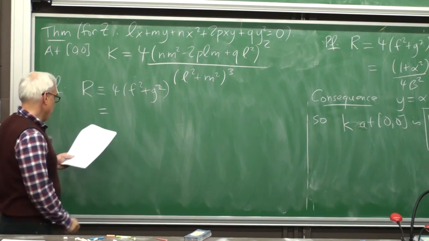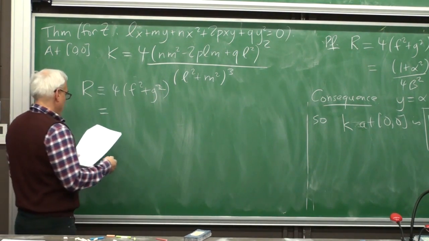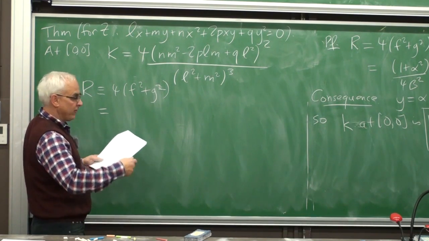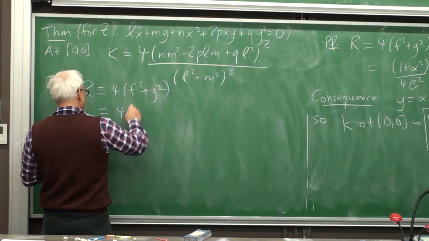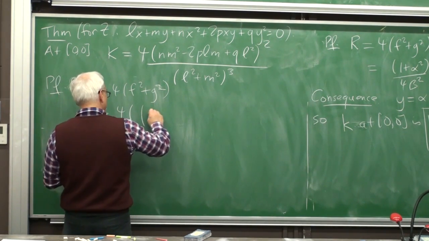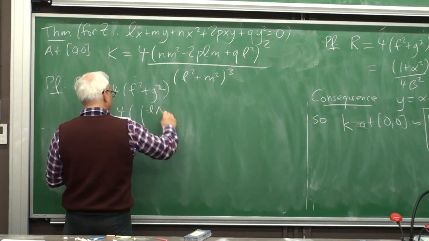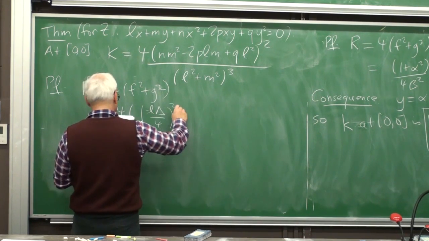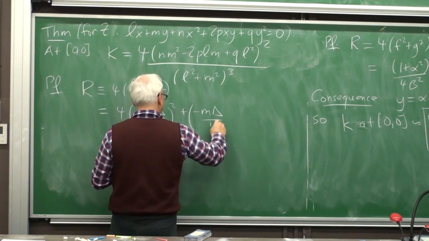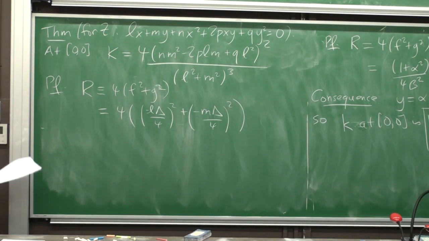And so in terms of L's, M's, N's, P's, and Q's, we can write that as, you may remember that this f, we could write it as minus L times delta over 4. So it's all of that squared plus, and then the other one was minus M times delta over 4, all that squared.